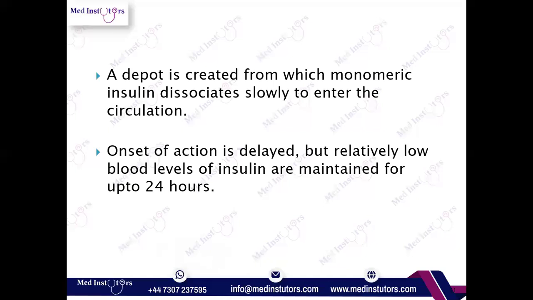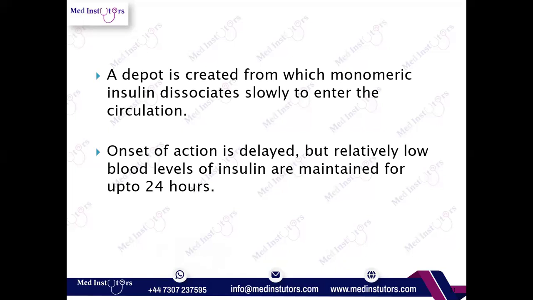Also, after a depot is created from the subcutaneous injection, the monomeric insulin dissociates slowly to enter the circulation. So whenever you give a subcutaneous injection of glargine, initially it forms a depot there, and slowly it is released into the blood circulation. Onset of action is delayed, but relatively low blood levels of insulin are maintained for up to 24 hours.